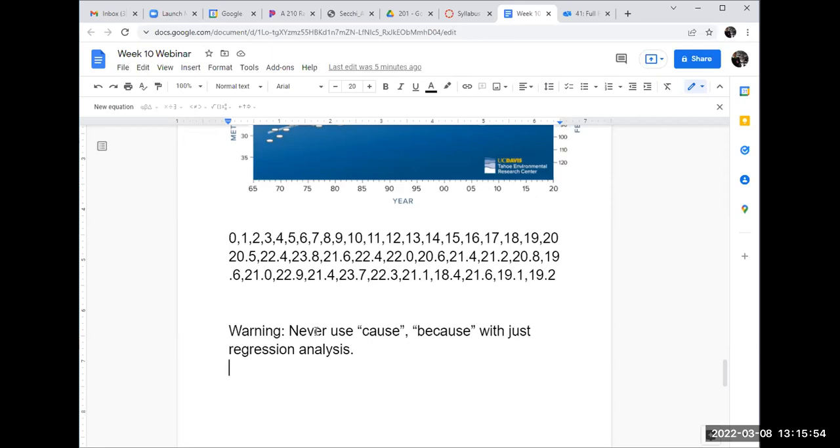Okay, then sometimes you'll get a correlation and it doesn't have a cause in either way. It could be that something else is causing both. Any thoughts of an example where something causes both?